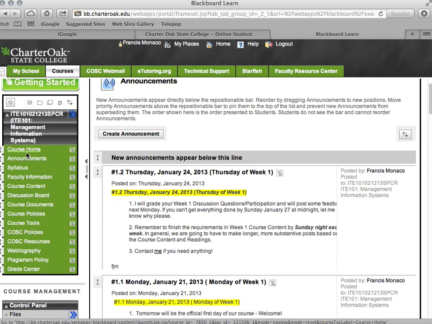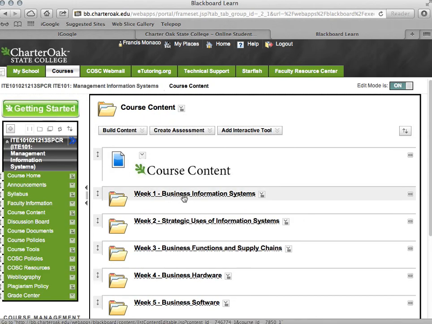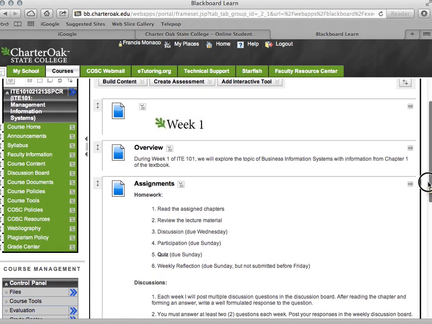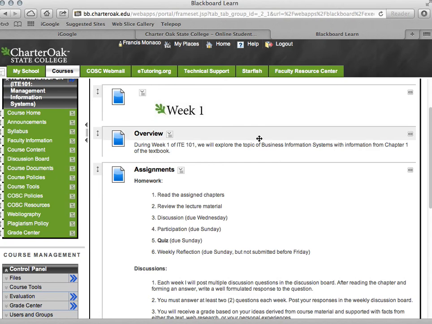The way the weeks will run is shown in the course content. If you go into week 1 business, you won't see the rest of the weeks. They don't become available until Sunday night, early Monday morning. There's an overview that talks about what the week is about, and then it tells you what to do in detail. There's always reading the lecture material and the assigned chapter in the book.